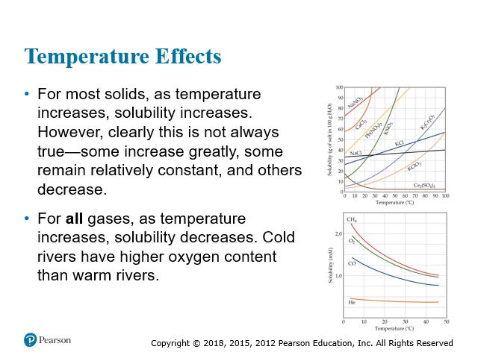Now, since this is something that is indeed quantifiable, we can look and see that, for example, at 30 degrees Celsius, based on the graph, the solubility of sodium chloride falls somewhere in between 30 and 40 grams per 100 grams of water.